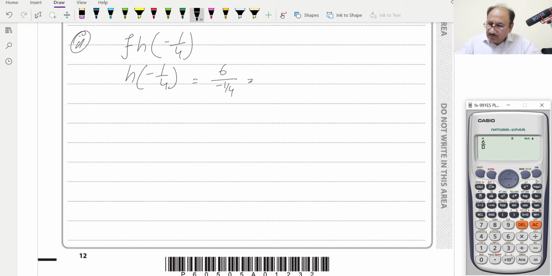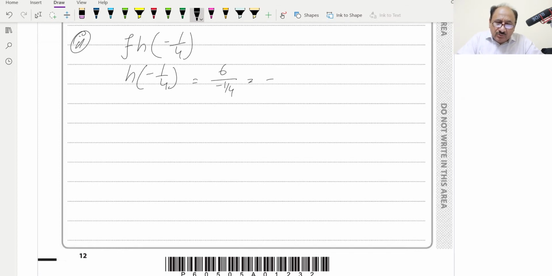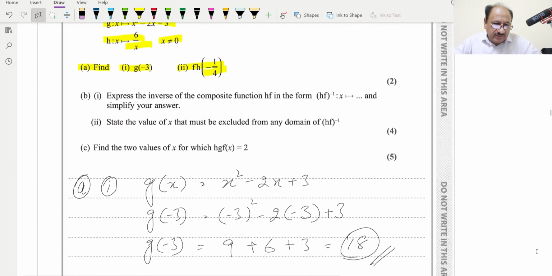So after getting h of minus 1 over 4, now we have to find f of h of minus 1 over 4, which will be equal to f of minus 24, and f of x is equal to what?